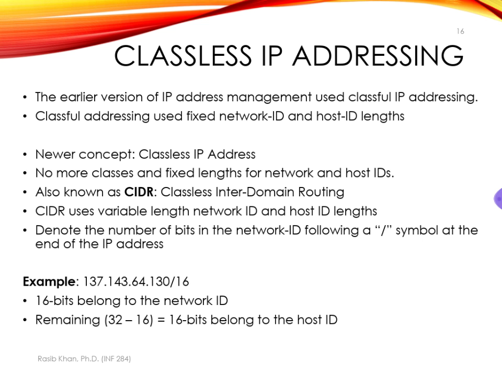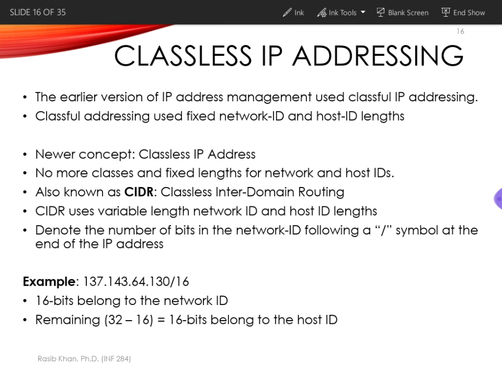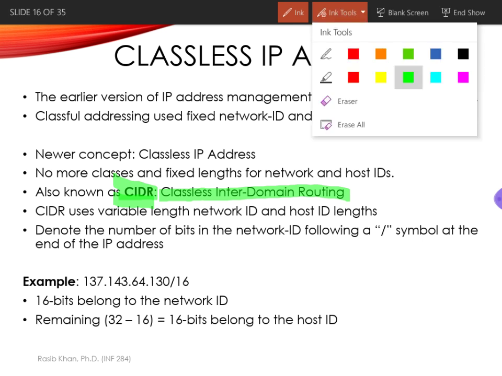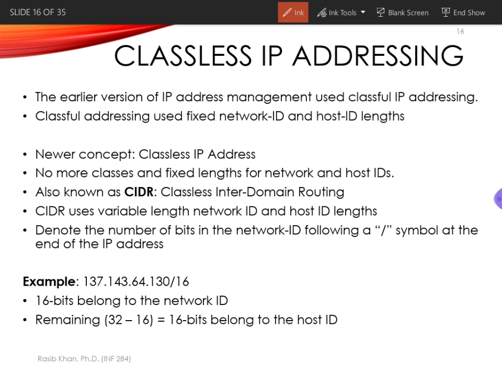It is also known as CIDR, which is short for classless interdomain routing, right? What happens is that the network ID and the host ID lengths are variable. So how do we know the length of the network ID?